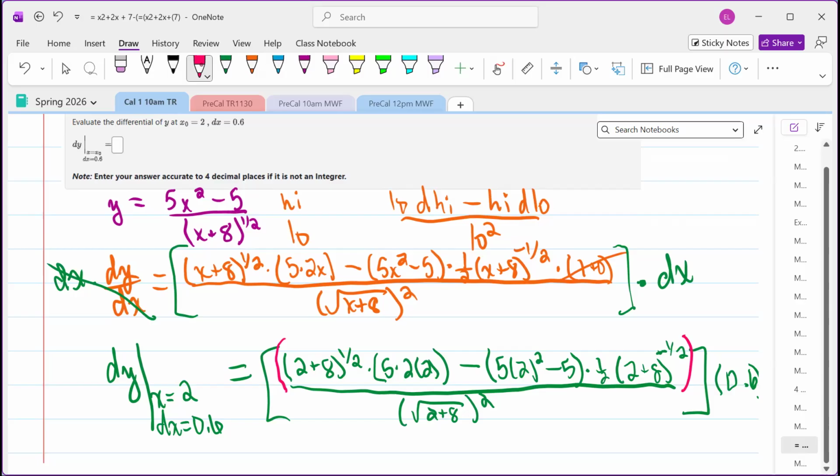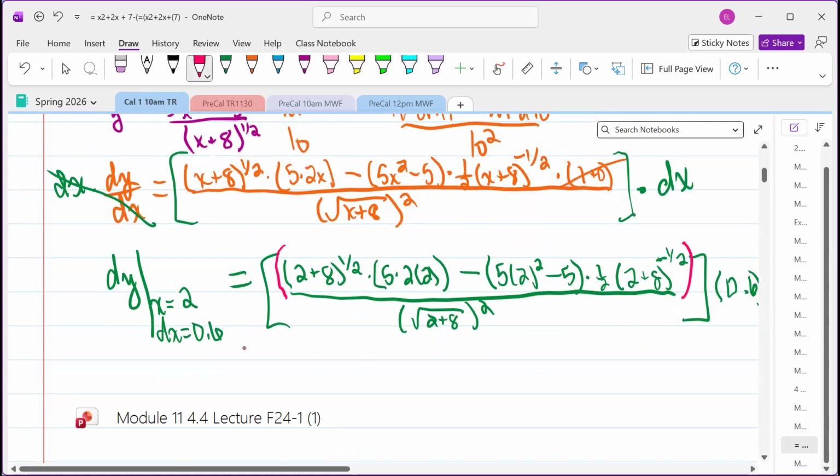Now I'm just going to type divided by, and then times 0.6.